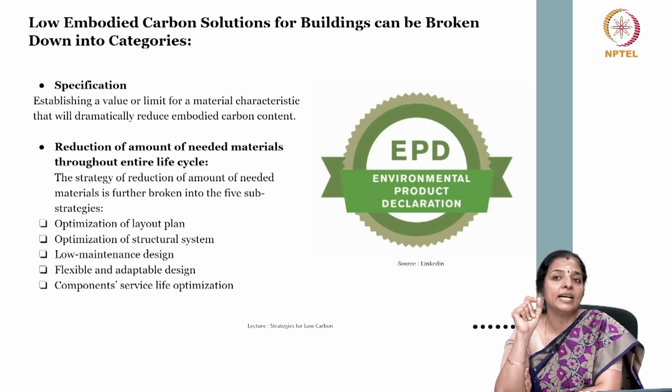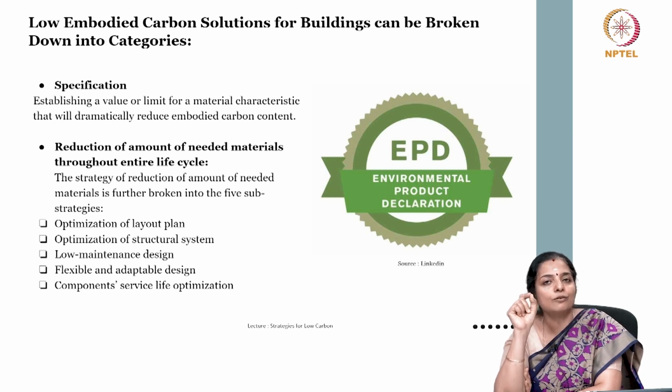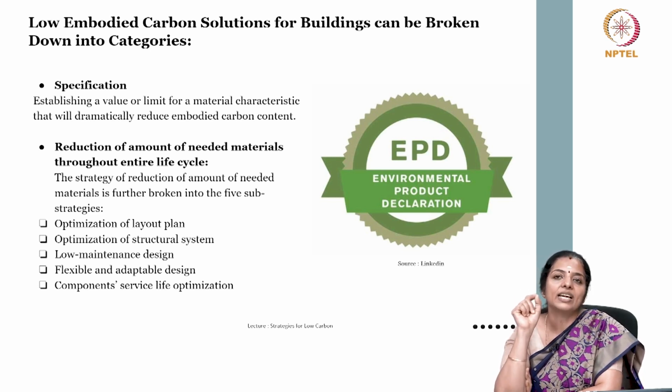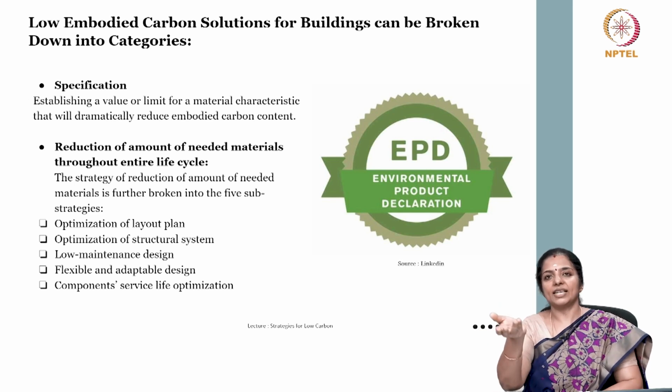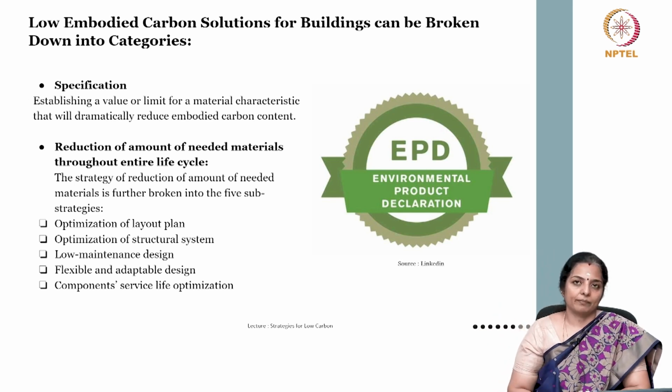Having a low maintenance design. Per se, your choice of building materials itself should be such that it requires less maintenance. Flexible and adaptable design, so that as the situation changes or the family becomes big, you are able to increase the size of the house. The best example is COVID times.